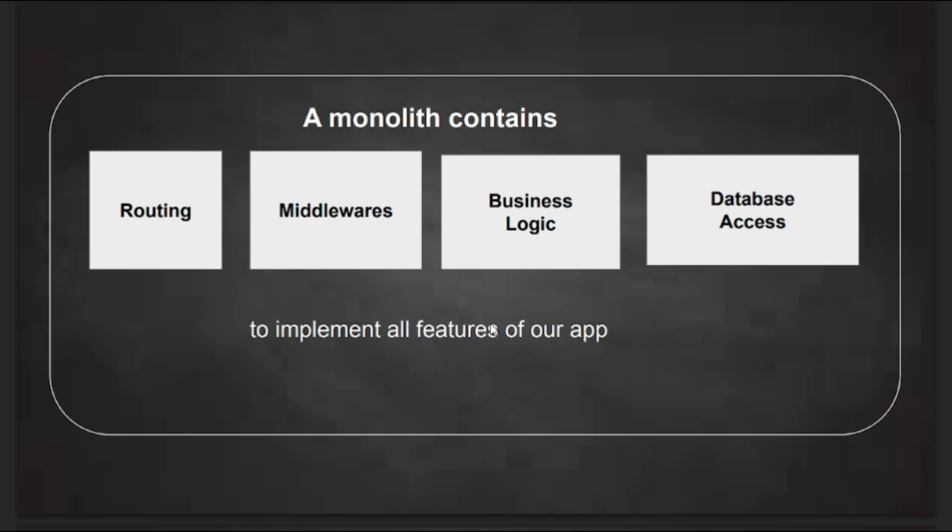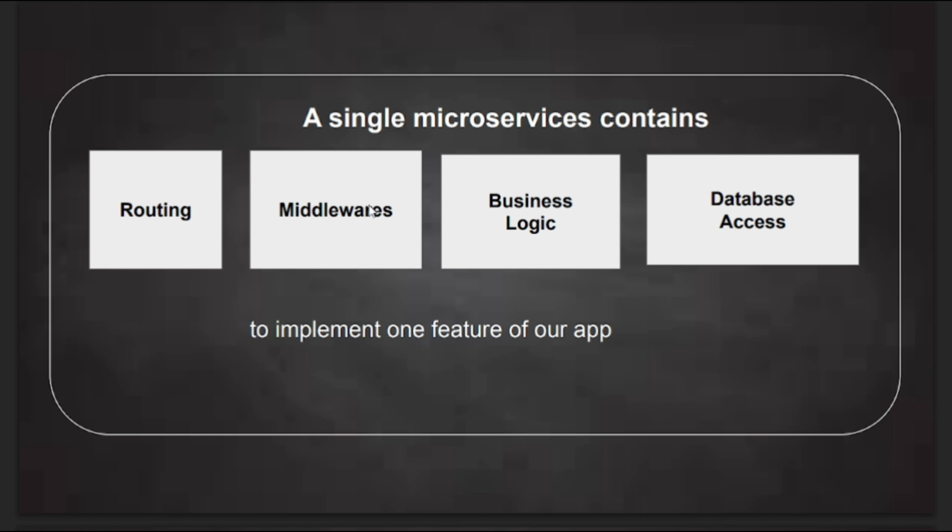So this is a monolithic server. But if I talk about the difference between monolithic and microservices, monolithic has all the code needed to implement every feature of our application, but in microservices, it is all the code needed to implement just one feature of an app.